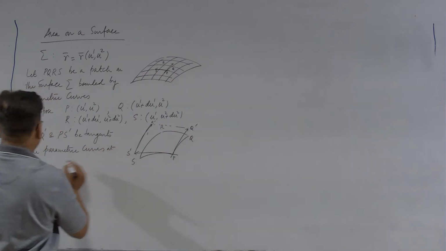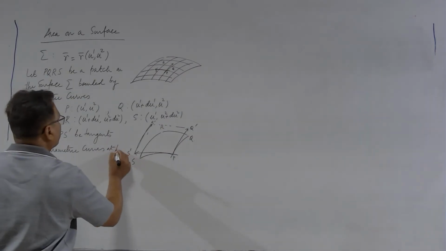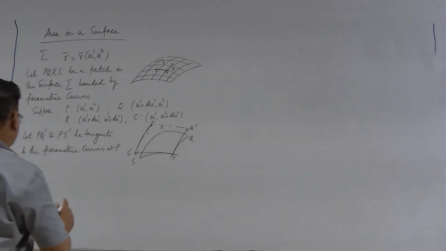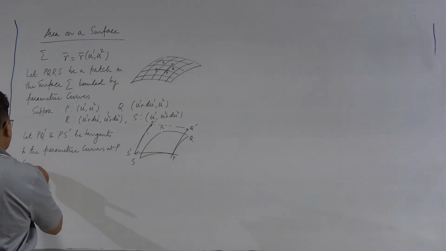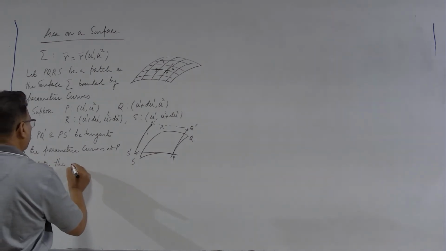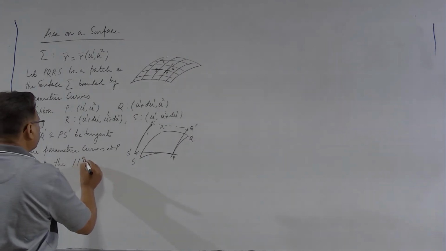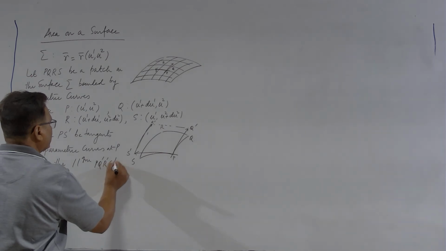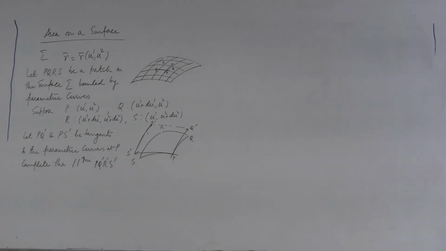At P. Next, you complete the parallelogram P Q dash R dash S dash, as I have shown you in the figure.